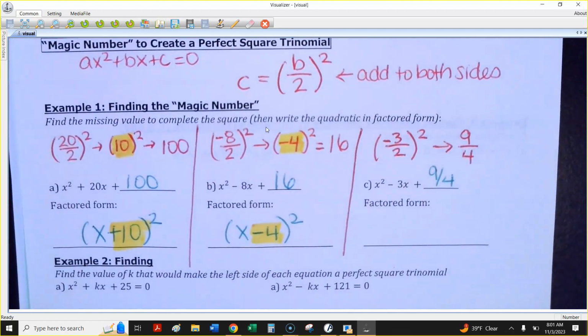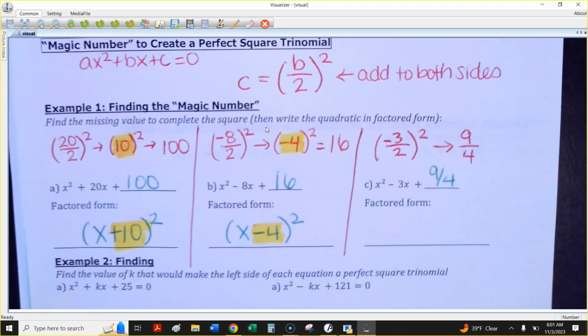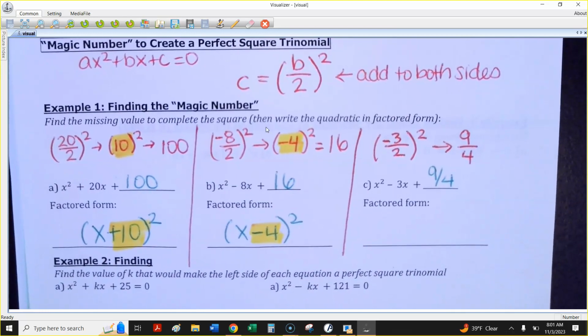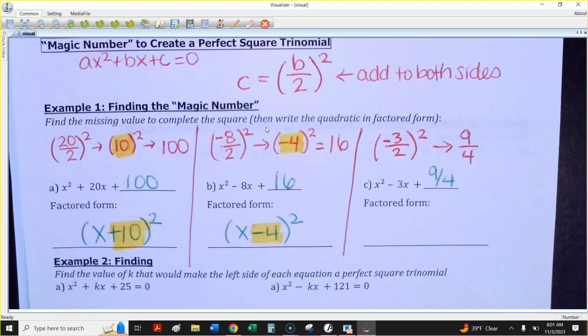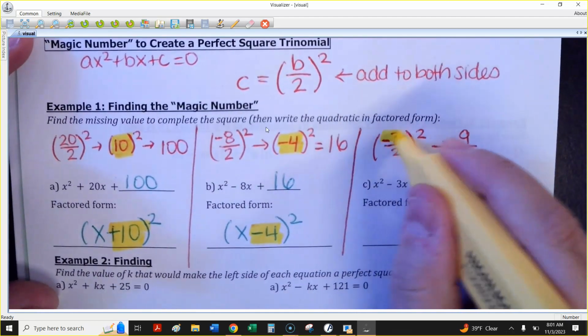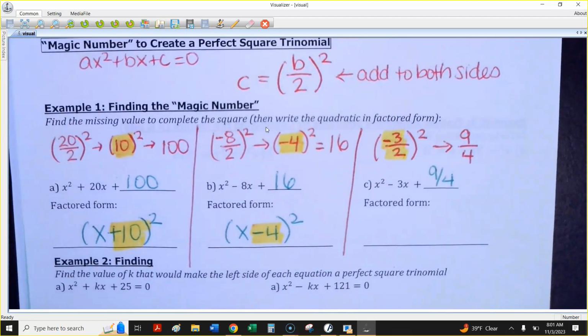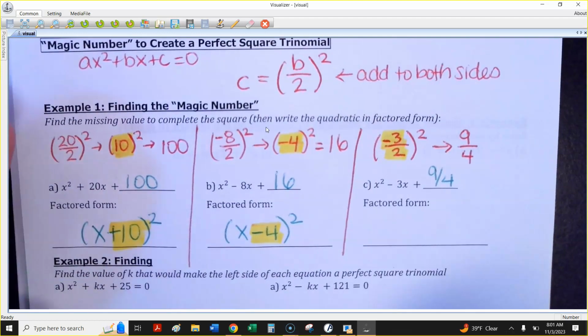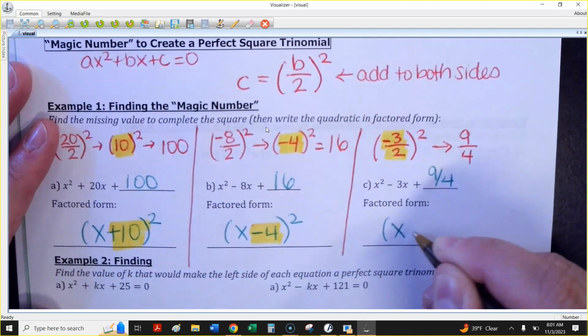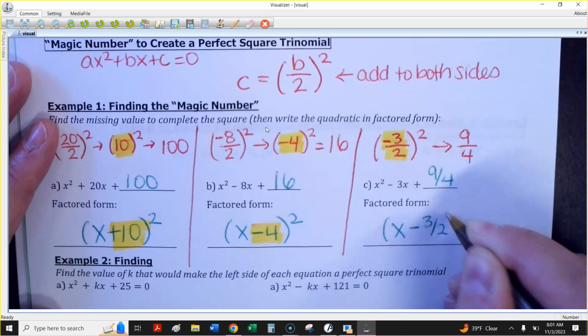Now, if I sat there and told you, tell me two numbers that multiply to give you 9/4 and add to negative 3, you'd probably look at me for a few minutes before you figured that out. But if you remember what I just told you, I promise, whatever you square, that's what's going to go in the factor. So the factored form of this would just be x minus 3 over 2, squared.